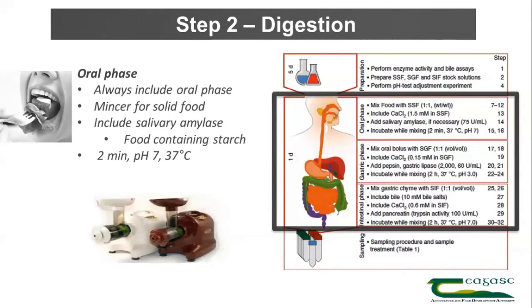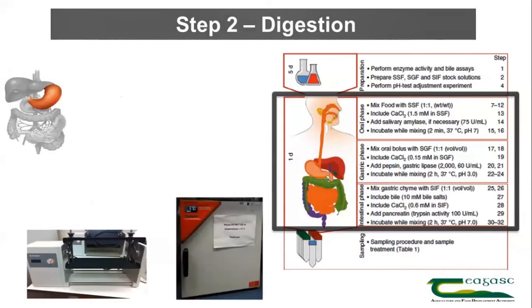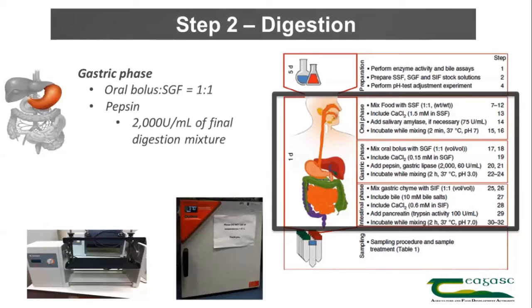37 degrees. The second digestive phase is the gastric phase, where you take the oral bolus from the oral phase and dilute it 1:1 with a simulated gastric fluid, which contains pepsin at an activity of 2000 units per milliliter in the final digestion mixture, so in the final mixture that contains the oral bolus and everything that is in the simulated gastric fluid.